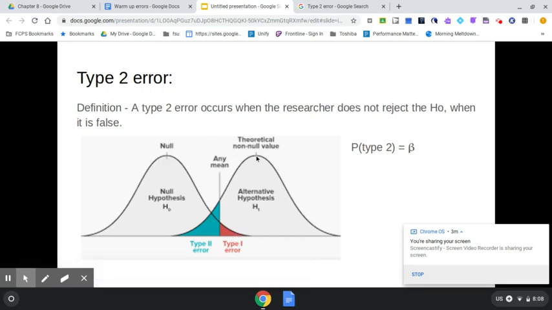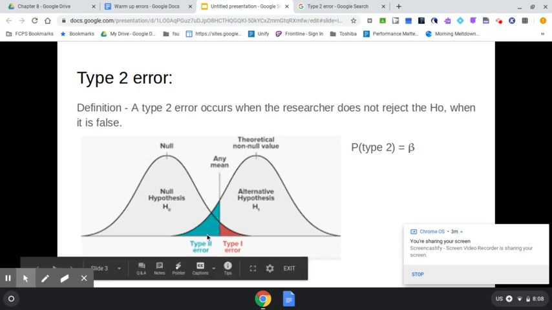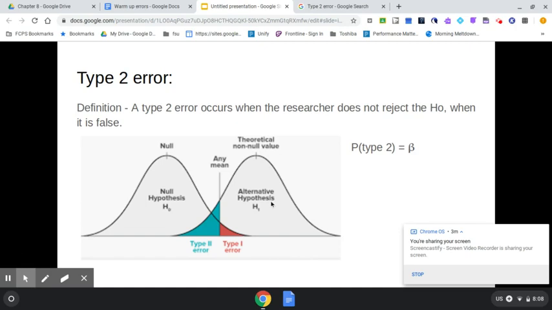So we shifted it up. And then this blue area is where we did not reject when we did the test, but it actually is not true. The null hypothesis is actually changing. We won't be finding those probabilities, guys, but we do need to know that the symbol that we use for the probability of a type 2 error is beta.